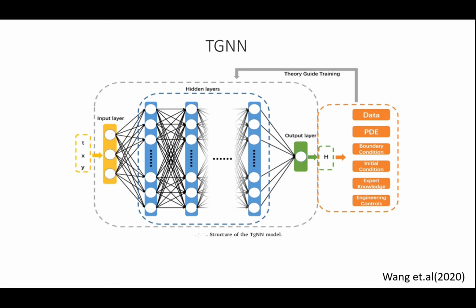Here you can see this orange box shows that in addition to data, the theory-guided neural network also considers partial differential equations, boundary conditions, initial conditions, expert knowledge, and engineering controls to restrict the model to produce physically reasonable results and accurate estimates.